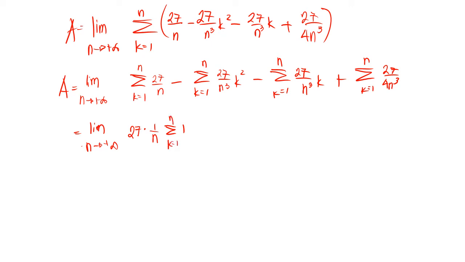Bakit ko ginawa yun? Kasi 'di ba, formula natin to kanina. Yung latest formula na binigay ko, this will eventually be equal to 1. Yan. So, same lang din dito sa kabila naman. Labas natin si 27.